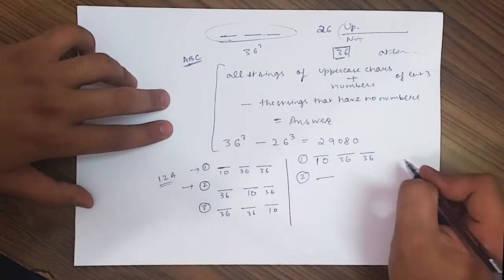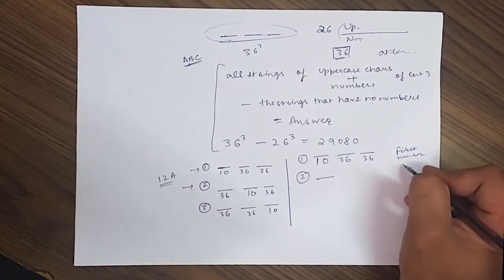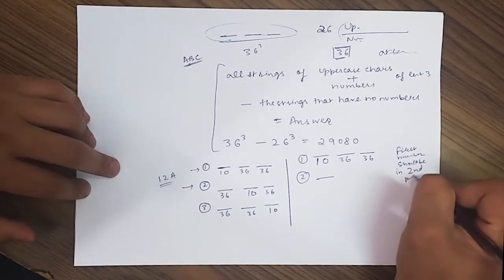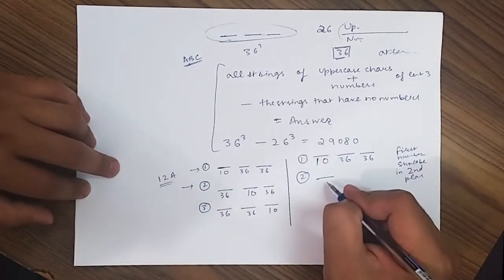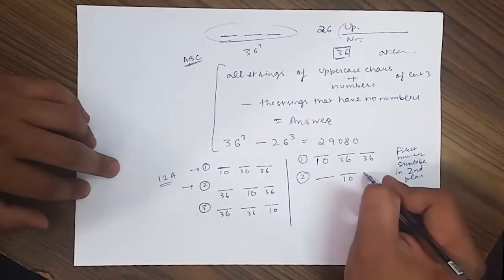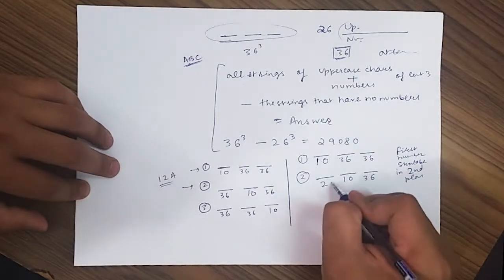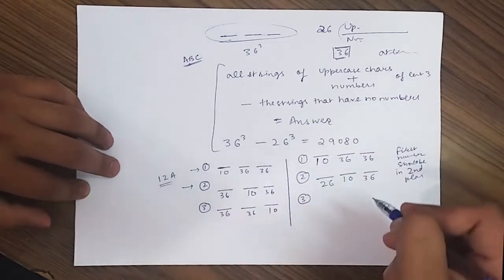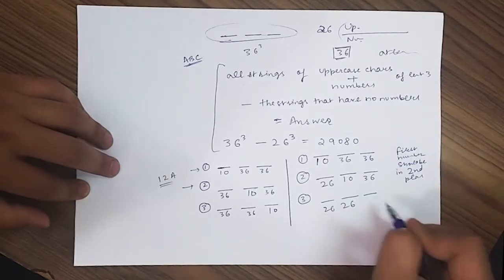So the first number that appears should be in the second place. All those strings in which the first number that appears is in the second place, and after that there can be any. So the first position will have 26 choices. And the third case would be all those strings in which the first number appears at the third position: 26, 26, 10.